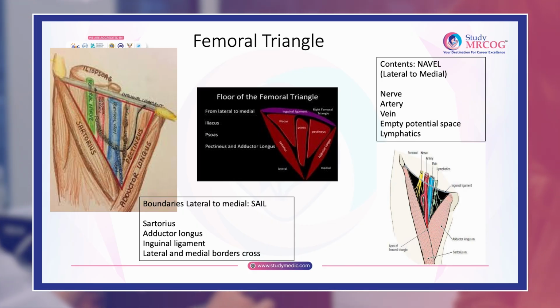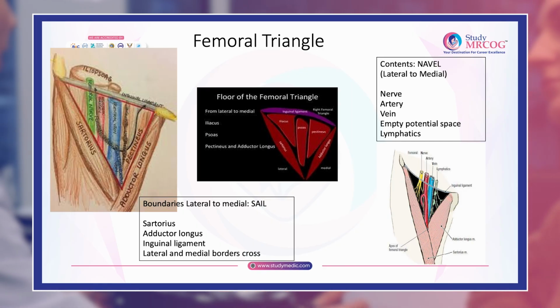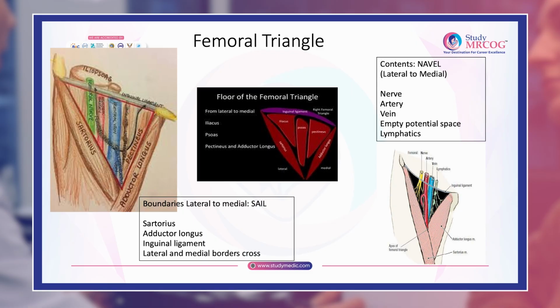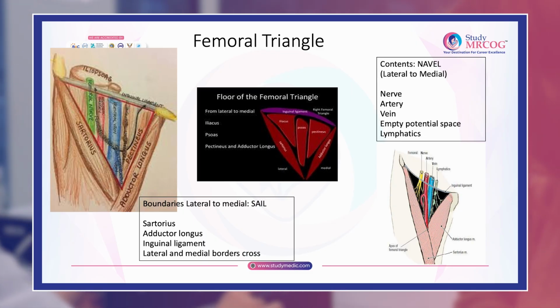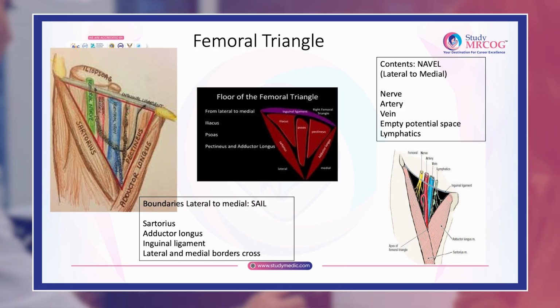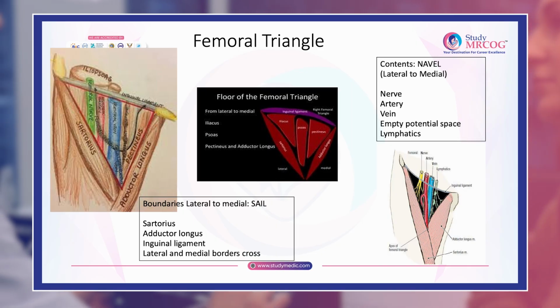The boundaries of the femoral triangle from lateral to medial can be remembered by the mnemonic SAIL: the sartorius, the adductor longus, and the inguinal ligament. The lateral and medial borders cross each other to form the tip of the triangle.